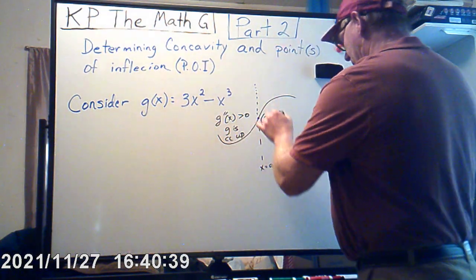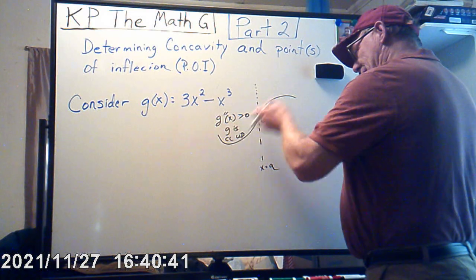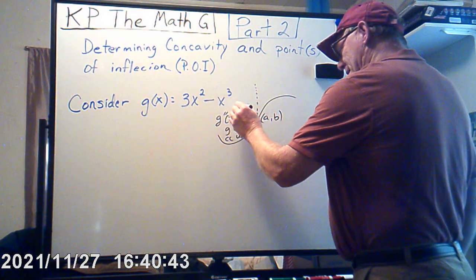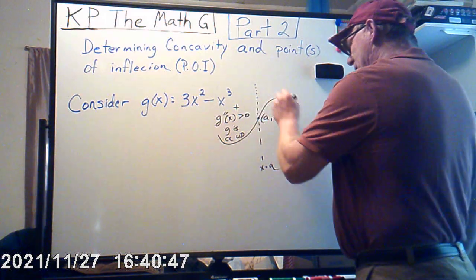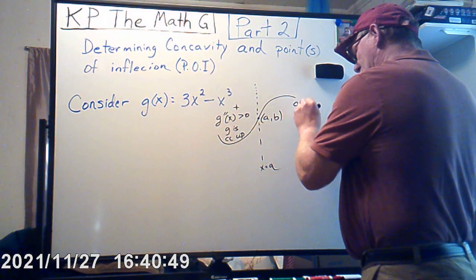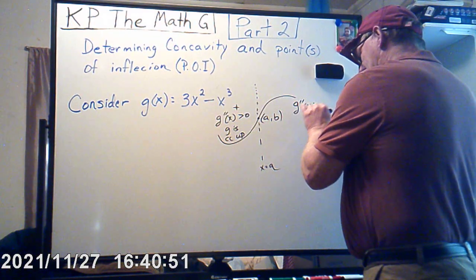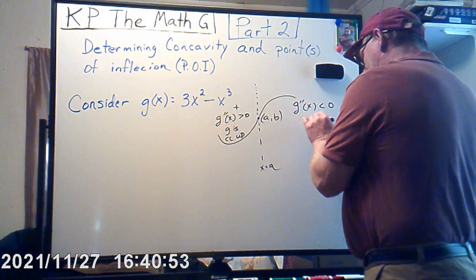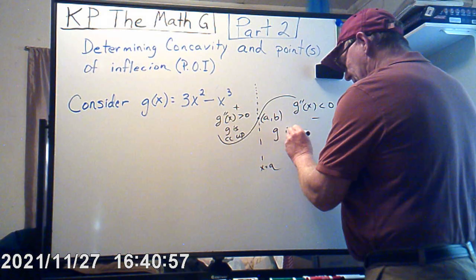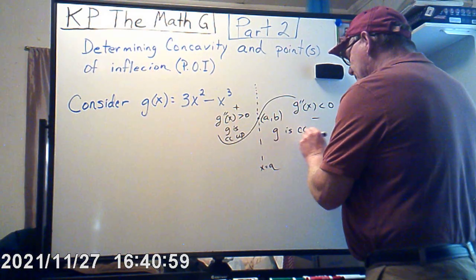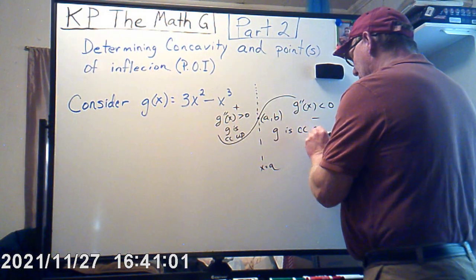Here we see that there is a change in sign. On this side g double prime of x is positive, but on this side, if g double prime of x is less than 0, or negative, then g is concave down.